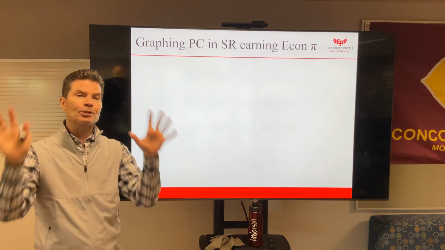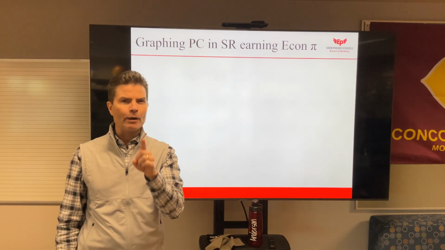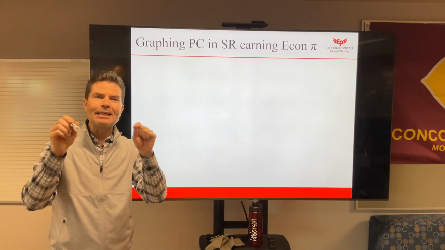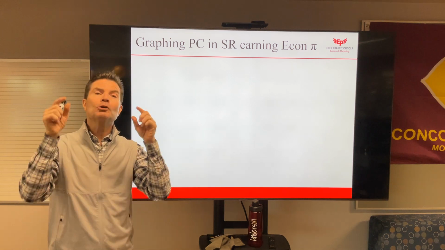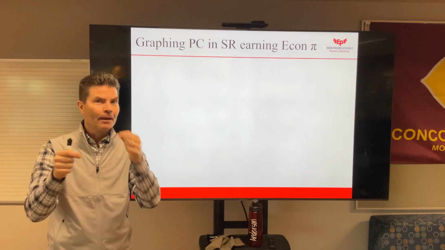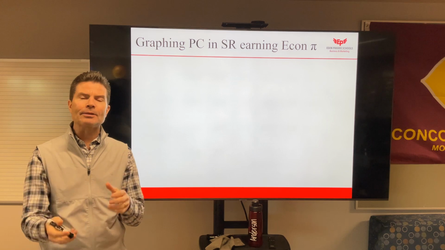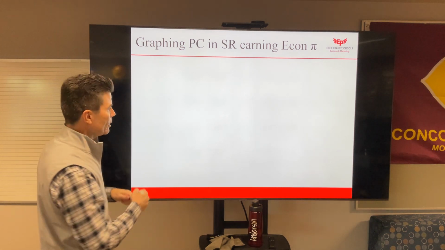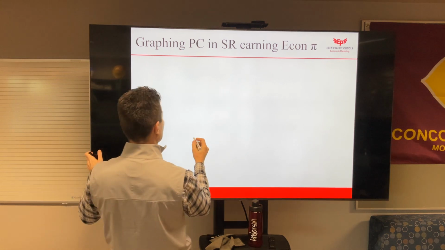Now I'm going to highlight two different things. How do we know if this is the short run? Ask yourself, what kind of graphs do we need to draw here? Well, we need to draw short run production graphs. That means we have to draw the graphs showing the firm in the short run, which are these graphs here.